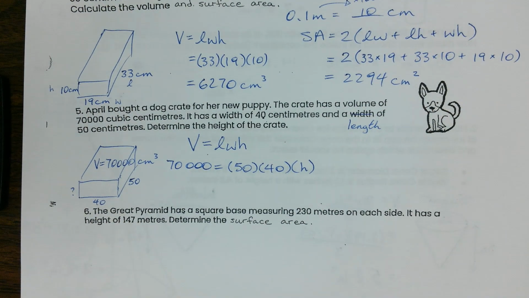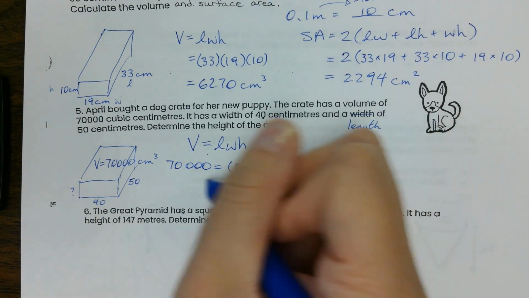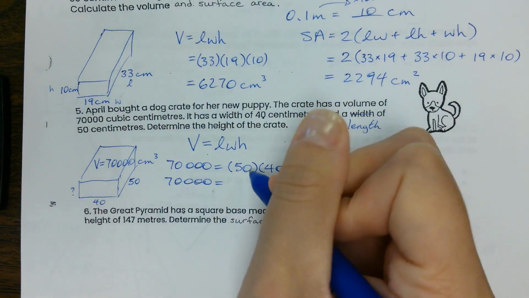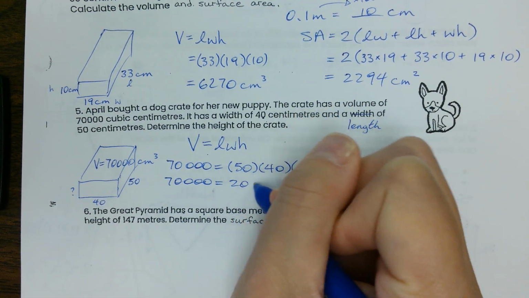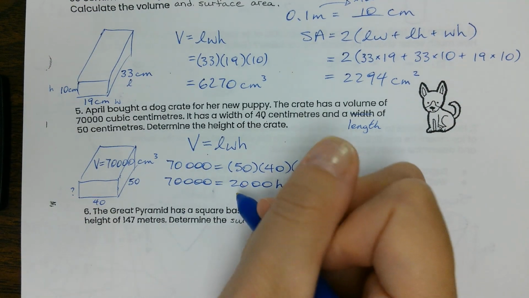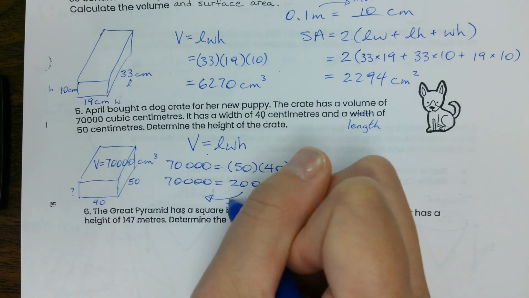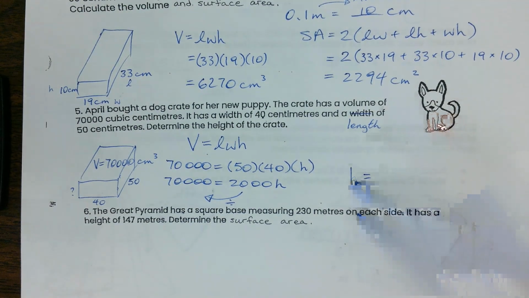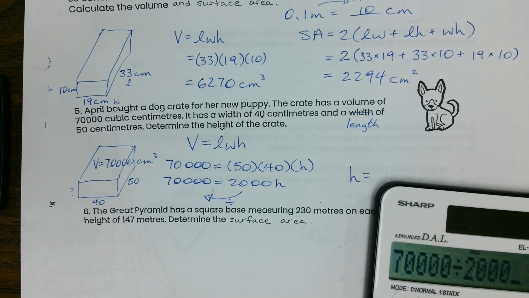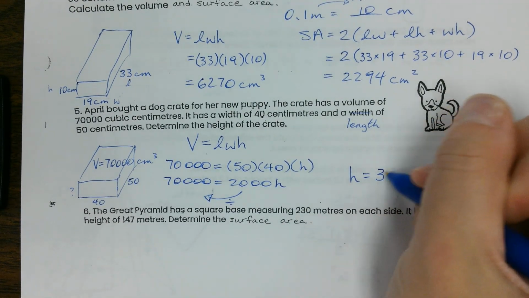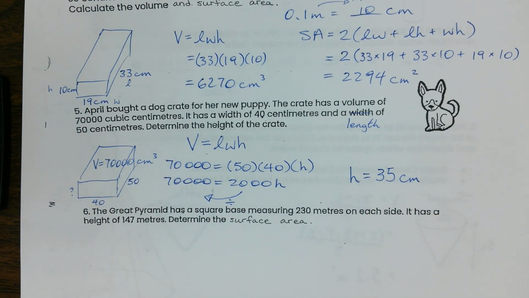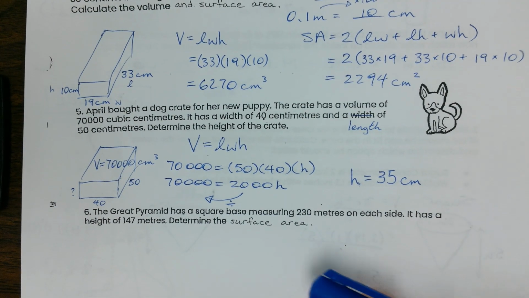Alright. So how do I solve for it? So actually, let me write one more step. Okay, so 50 times 40, 2,000. So what do I do with that 2,000 now? Divide it. Good. So height equals 70,000 divided by 2,000, 35. What's my unit? Centimeters, because it's a height. Height is just centimeters.